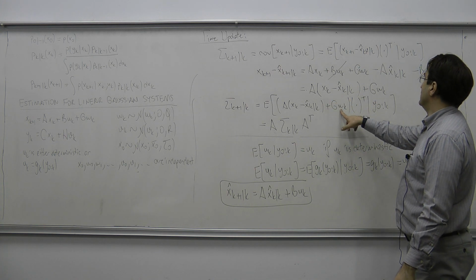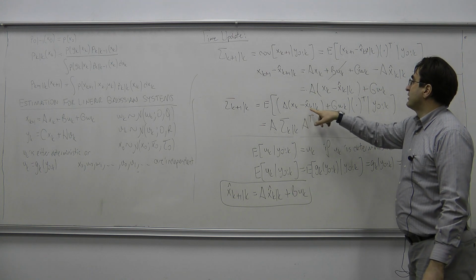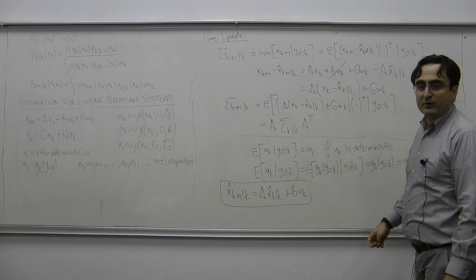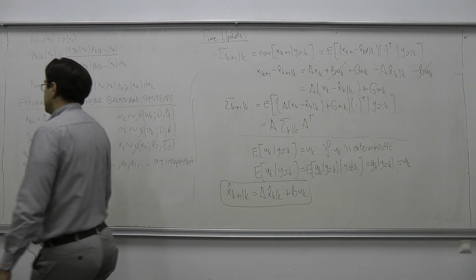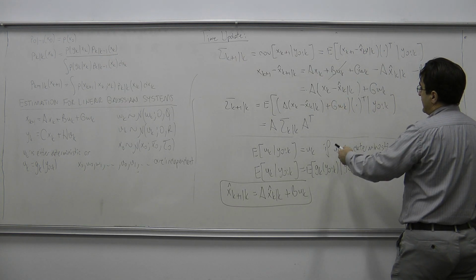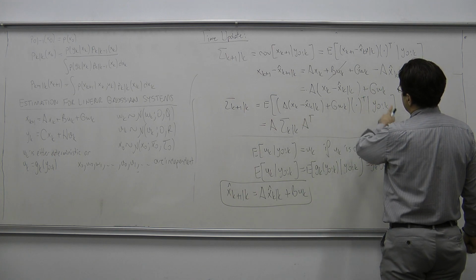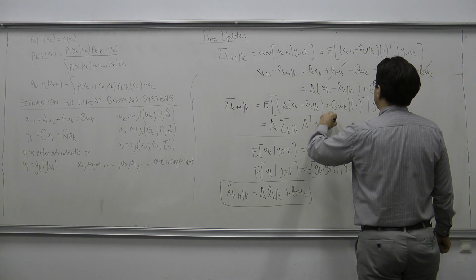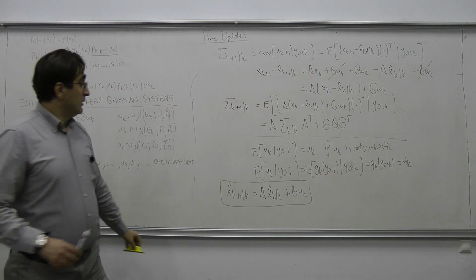Why is that? Because wk is independent of y0k, and it's independent of xk minus x at k given k. That means that that expectation can be separated into the multiplication of expectations, and those expectations will be equal to 0. Okay? So the next term is going to be this term times its transpose expected value. In that case, the conditioning doesn't mean anything, so the result is going to be GQG transpose.